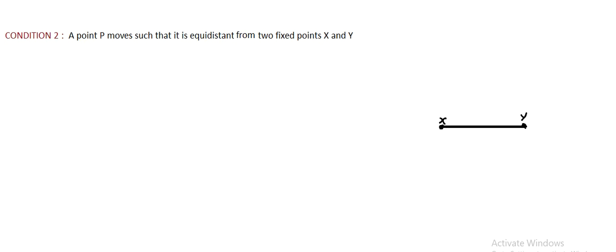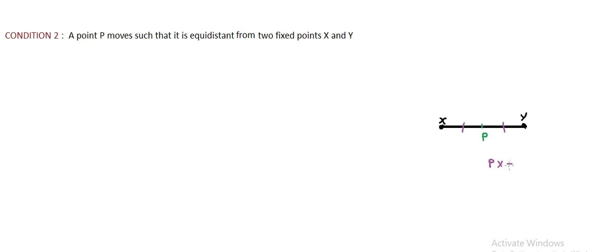If we take the midpoint of this line segment, let it be P. So this is the midpoint and let this point be P. So if we take P as the midpoint of the line segment joining X and Y, then this length, that is PX and PY, will be equal.